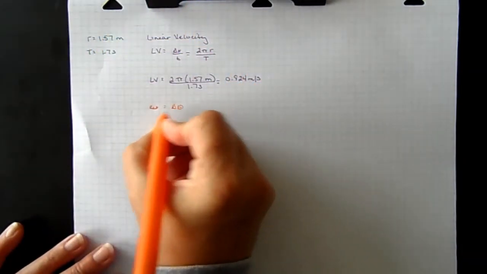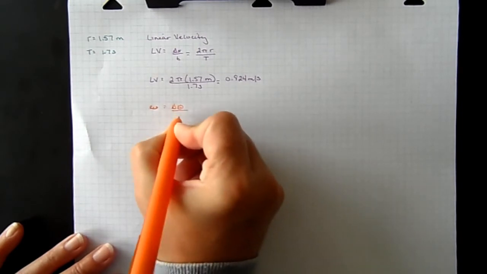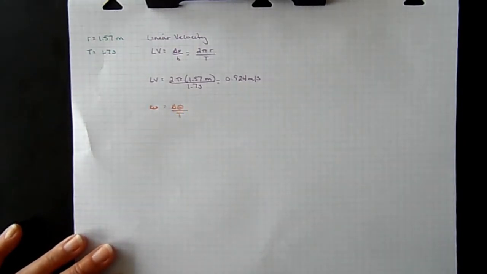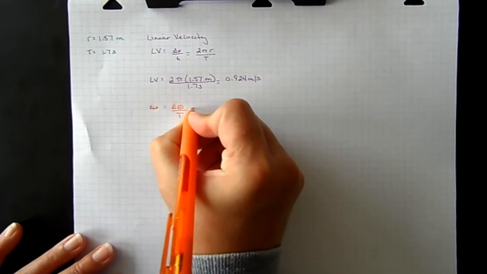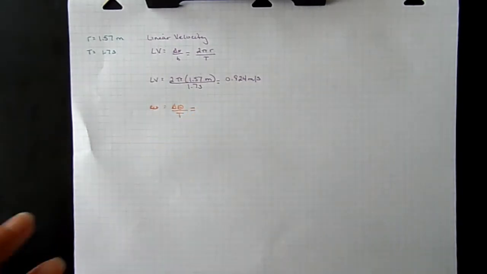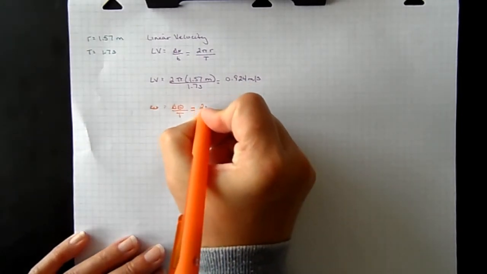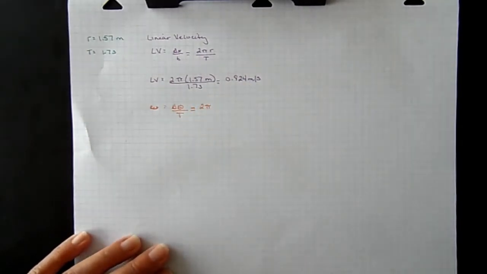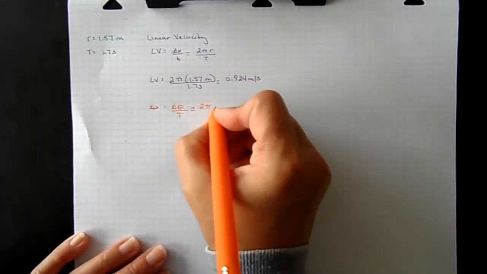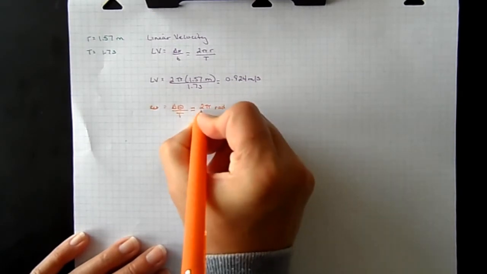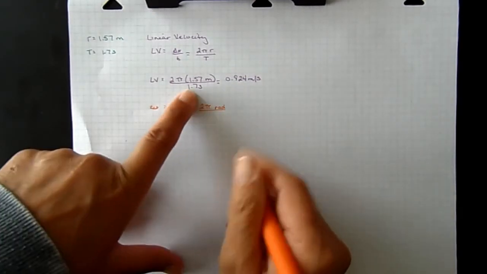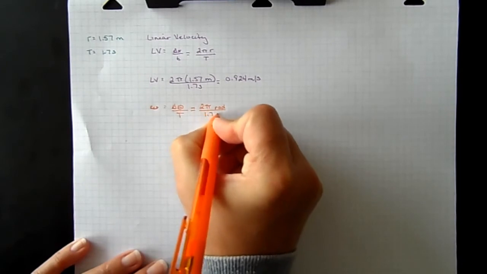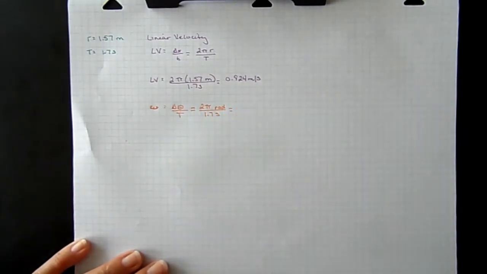So this is going to be the change in the angle in radians over the time. So remember, 1 complete circle is 2 pi radians. And the time was the same, so it's 1.7 seconds.